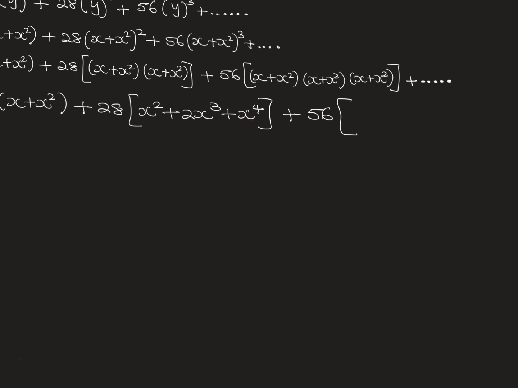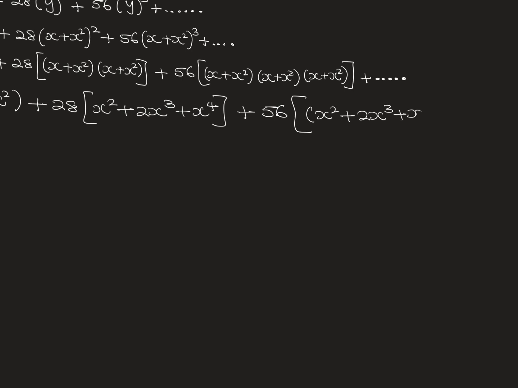Then this can be in the place of this, then we multiply it with x plus x squared. So that is, we will have x squared plus 2x to the power 3 plus x to the power 4 as the product of these two. Then we should multiply it with x plus x squared.